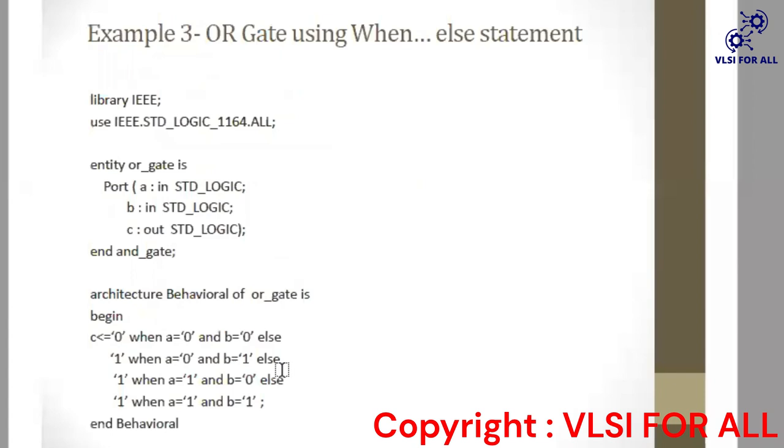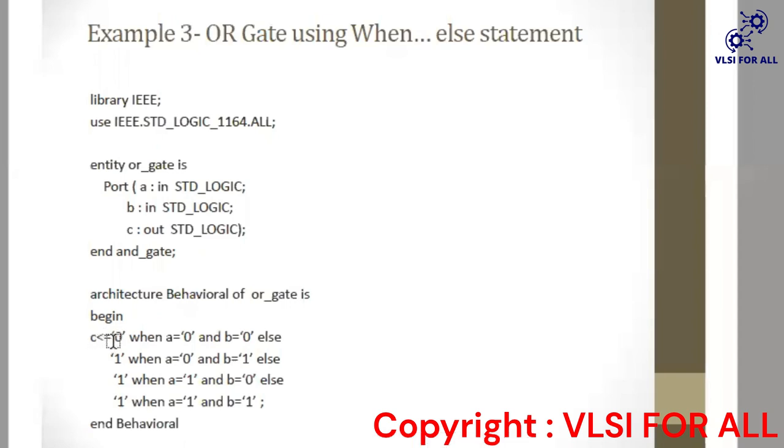So in this example, we are implementing the OR gate by using the when else statement. So from here it is changed. The change is that in this case we are using different conditions instead of if else if.